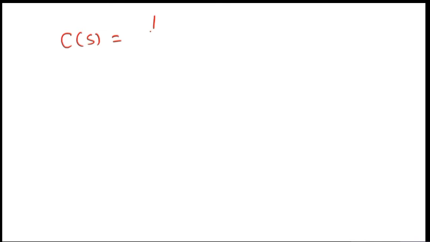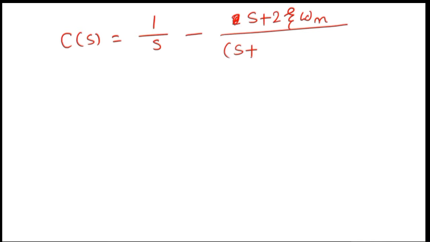So C of s is equal to 1 by s minus s plus 2 zeta omega n divided by s plus zeta omega n whole square plus omega d square.